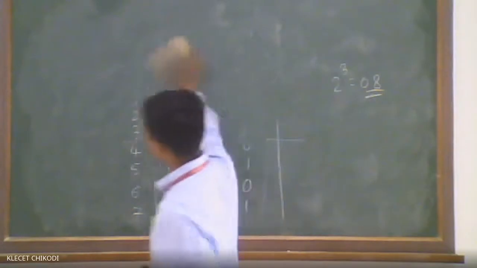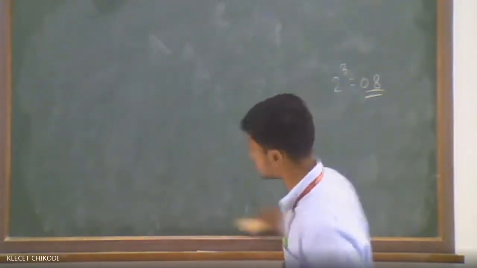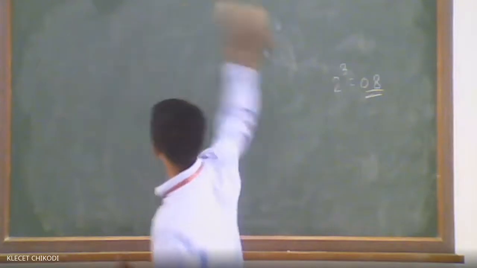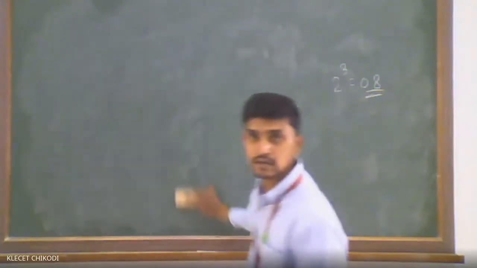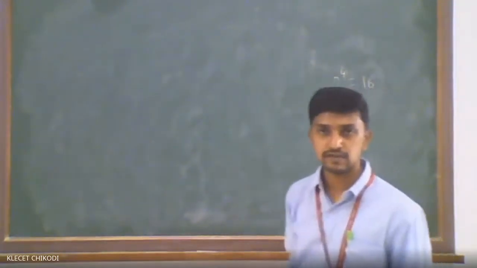Now tell me, for 4 variables, if I consider A, B, C and D as the input variables, how many input combinations will we get in the truth table? It will be 16, correct? So for 2 to the power 4, we will get 16 input combinations.